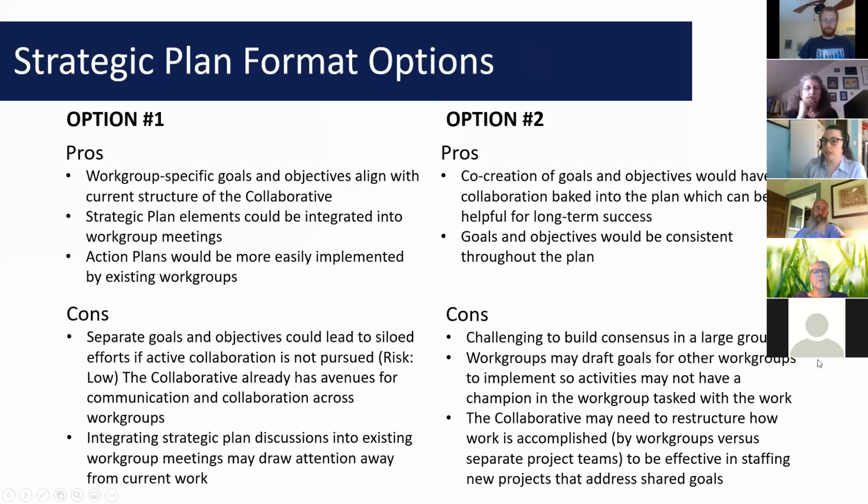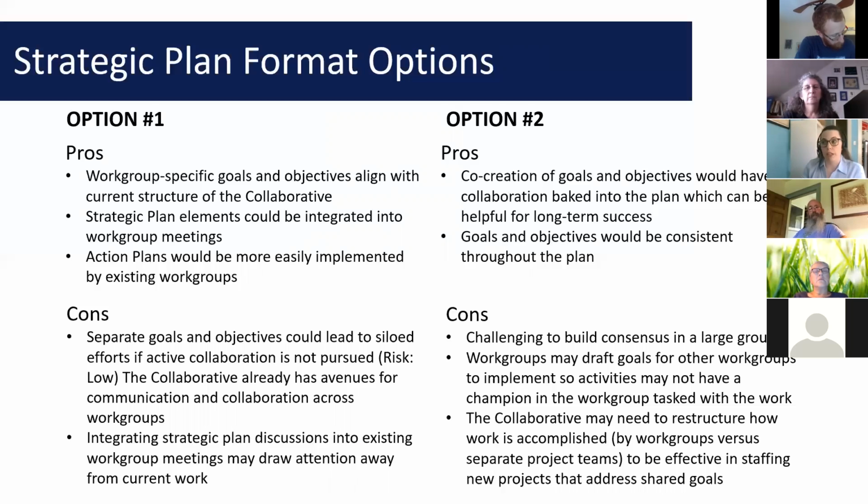So we just put together a quick pros and cons based on our understanding of the way that work has been done and what's working well and what could be improved upon. So a pro of the first option, which is each work group having their own goals and objectives, is that the work group specific goals and objectives align with the current structure.